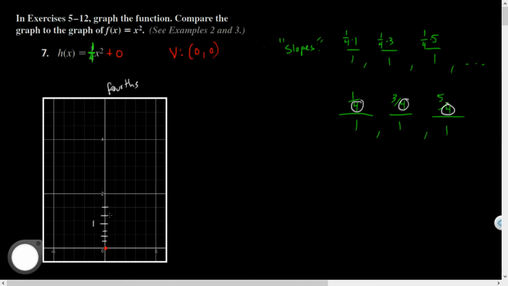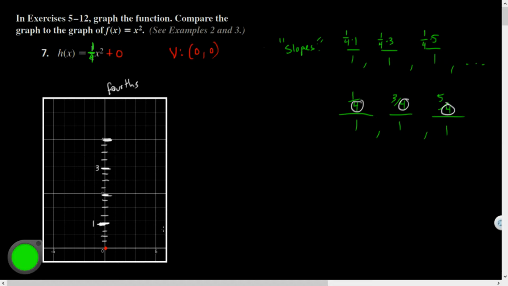There's 3/4, 1 1/4, 1 1/2, 1 3/4, 2 1/4, 2 1/2, 2 3/4, 3, 3 1/2, 3 3/4. So between the whole numbers I'm going to have 4 spaces or 3 lines, and those are now quarter marks.